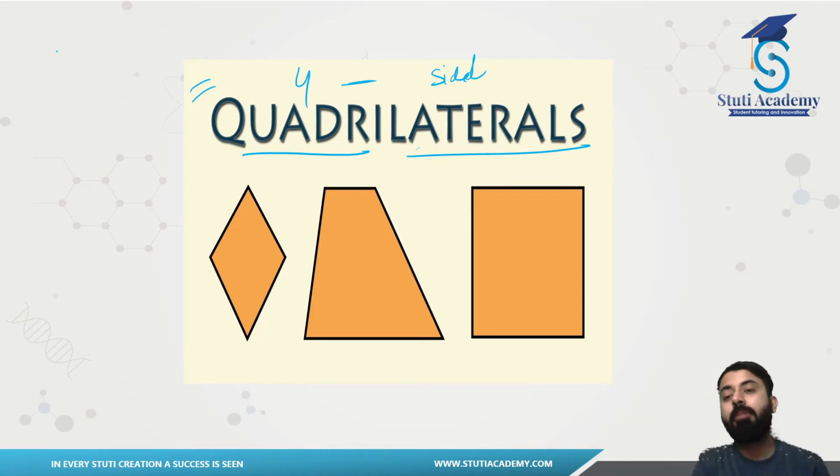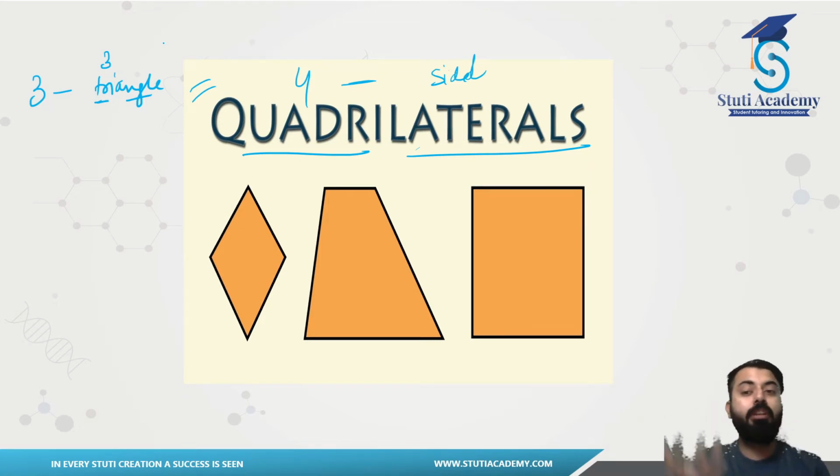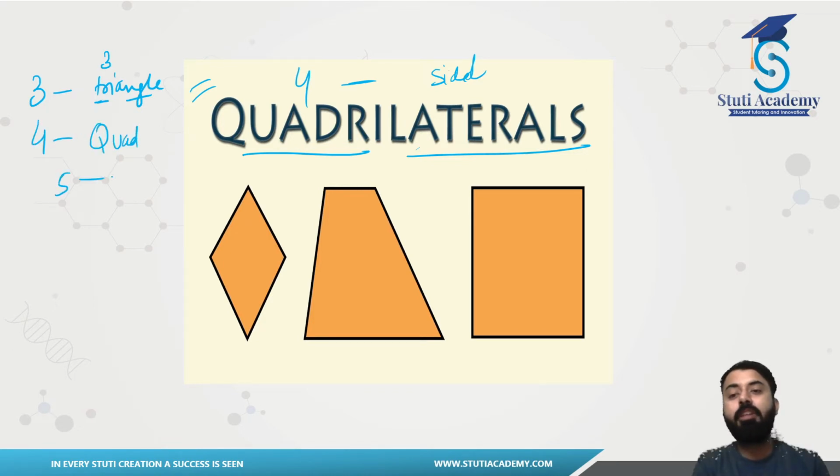Now you remember, while dealing with polygons, the three-sided polygon was your triangle. The word itself states the same thing: tri means three, angles means angles. So a three-angled or three-sided figure was a triangle. Then a four-sided figure was a quadrilateral. A five-sided figure was a pentagon. A six-sided figure was a hexagon. A seven-sided figure was a septagon.